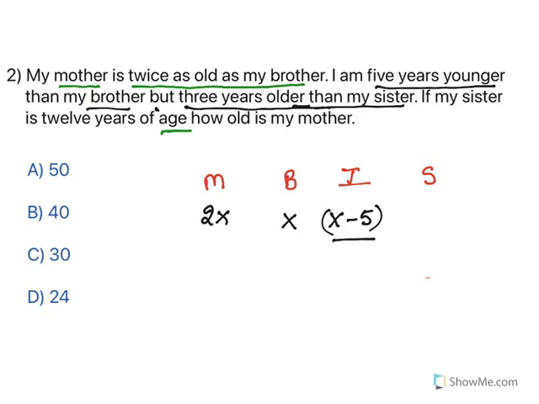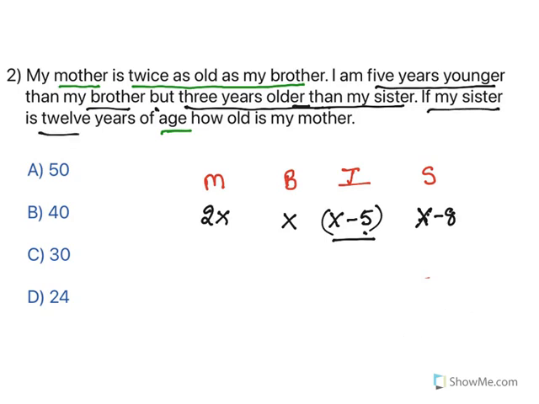My age is X minus 5 and I am 3 years older, so she is again minus 3. So how much do you get? X minus 8. So the age of the sister is X minus 8. You are comparing with brother's age. I am 5 years younger and the sister will be 5 plus 3 years younger, X minus 8. Now let us understand this. What is given again?